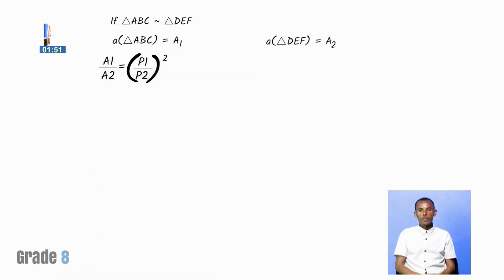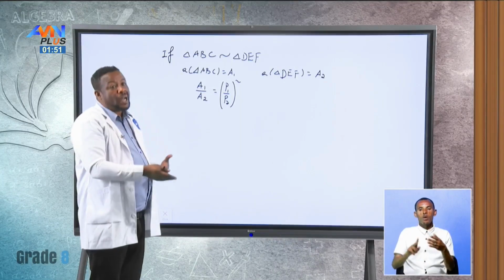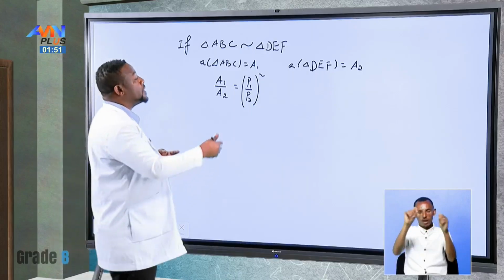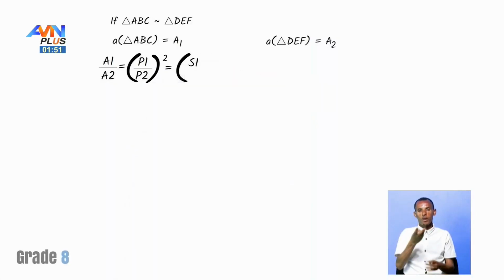Since the ratio of the perimeters and the ratio of the corresponding sides of two similar triangles are the same, we can write it like this.